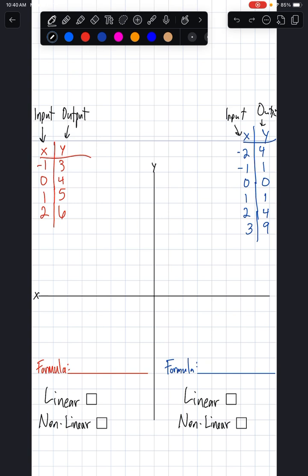Whatever you choose to do is fine. But here is a table of values. These are our inputs. These are our outputs. And I'm just going to graph them very quickly. So if this is negative 1, x, 0, 1, 2, 3. The y-axis is always 0 x.